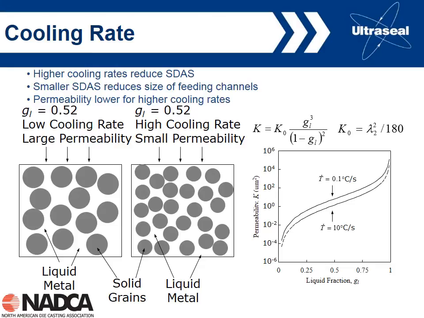Higher cooling rate gives you smaller grains and smaller dendrite arms, so we've got the same volume of gray spheres, but they are much smaller in size. And so in this case, it is much more difficult to feed the liquid through this. The permeability is lower, so we've got to try and push the liquid all the way through these small grains.